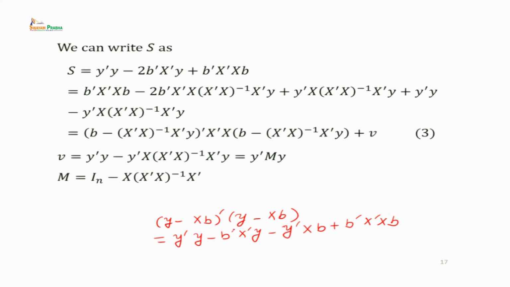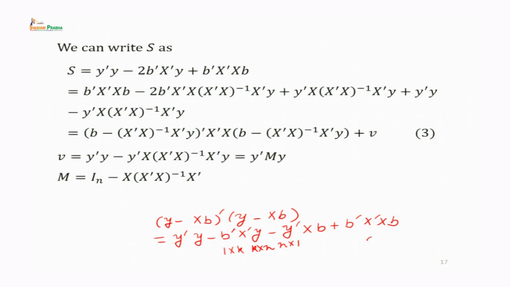Now, remember, what is the order of b transpose X transpose y? This is 1 cross k, then k cross n, and n cross 1. So, this is 1 cross 1. This is also 1 cross 1.